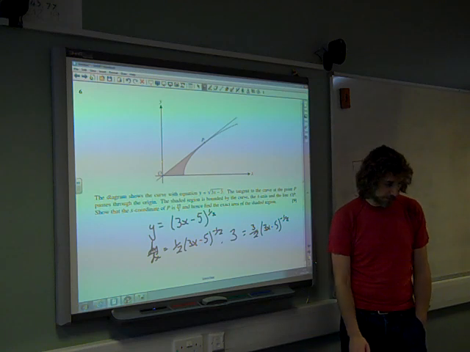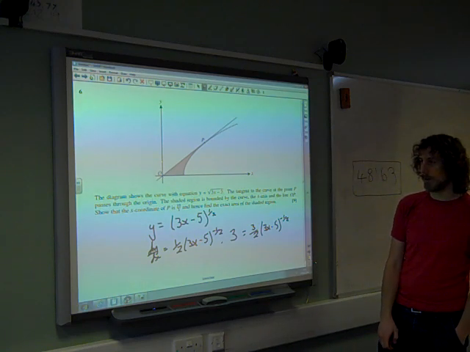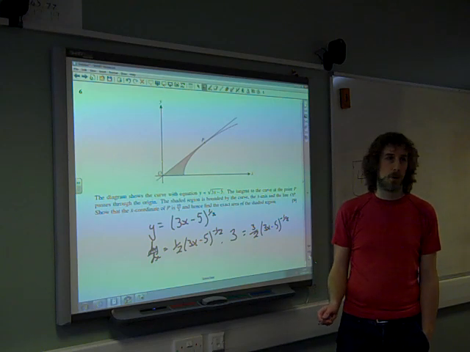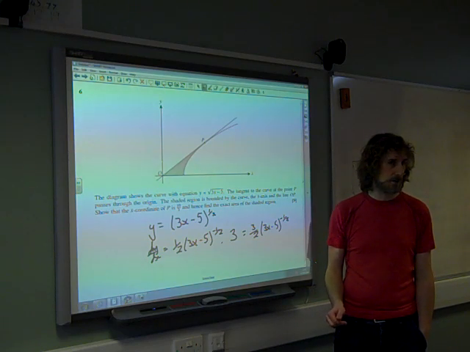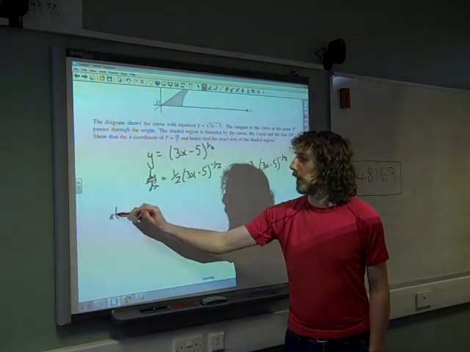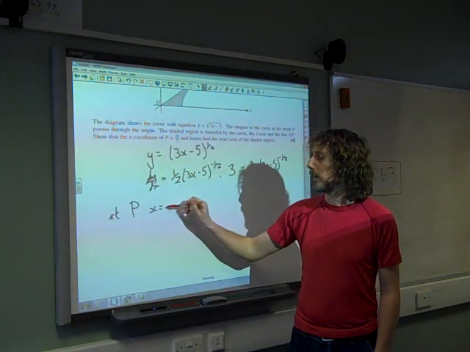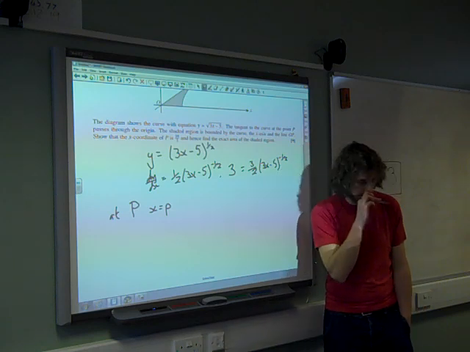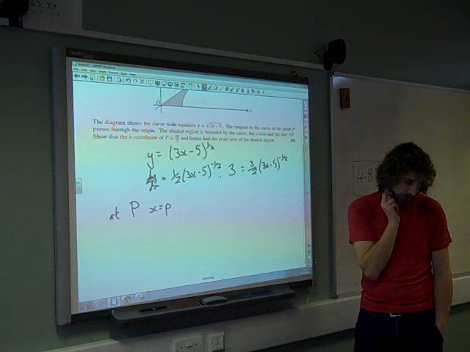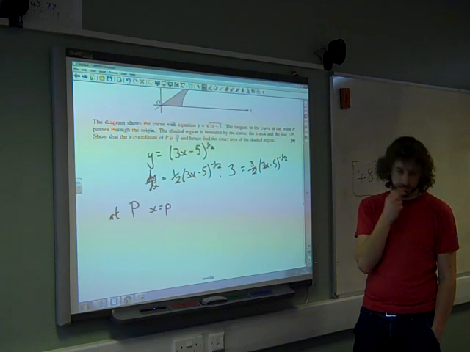Right, now I want to do this properly. I don't want to use this value of 10/3. So what I'm going to say is that the x value at the point P, let's call it p. And I want to show that my value of little p that I'm working with turns out to be 10/3.